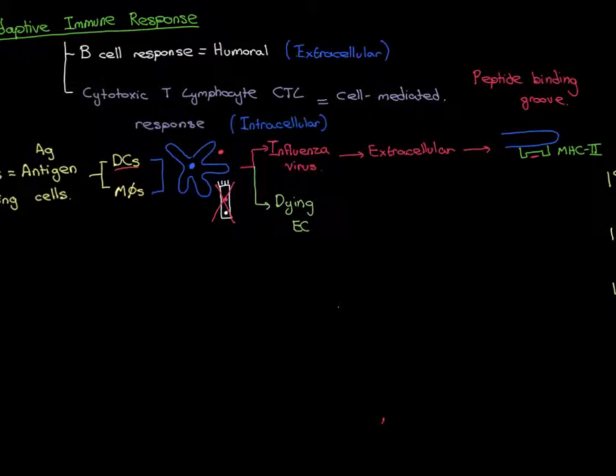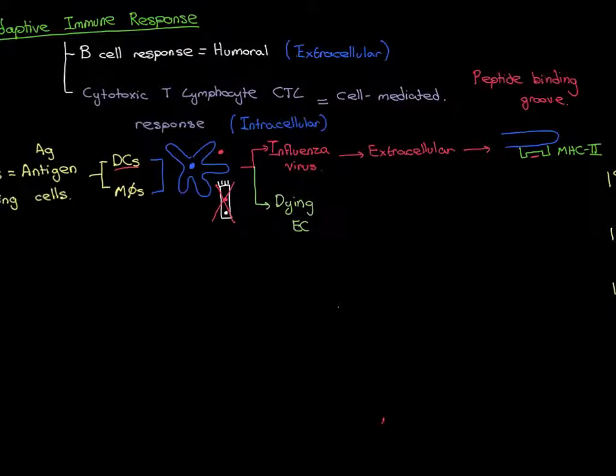So again, when it phagocytoses this, it will break down all of the proteins here, and the antigens of the influenza virus that are inside this cell will all be cut up into little fragments as well. And now they are going to be put on MHC class 1 instead to initiate an intracellular response, because this antigen-presenting cell knows now that these antigens are associated with an intracellular parasite, because it found them inside another human cell that it was phagocytosing because that human cell was dying.